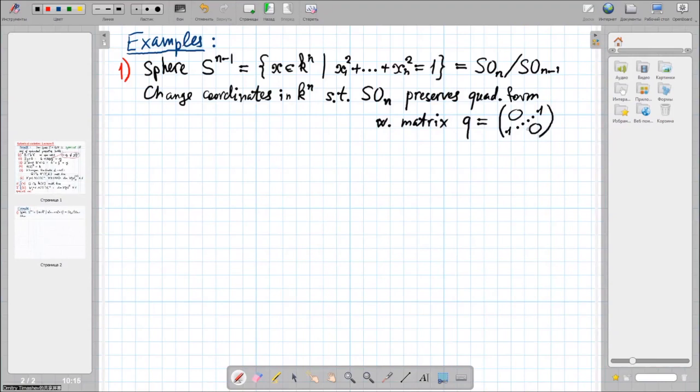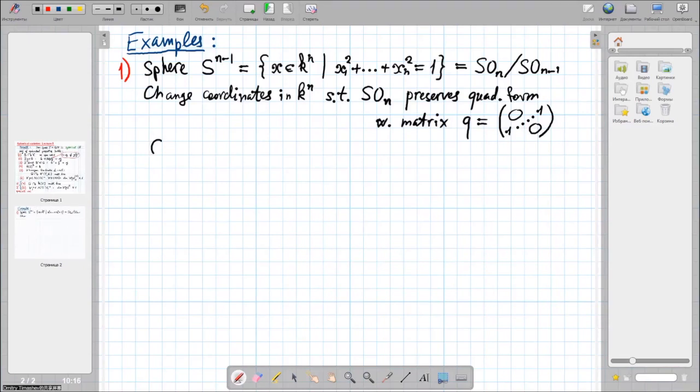It is again a symmetric matrix of full rank, and since all non-degenerate quadratic forms are equivalent over an algebraically closed field, we can change coordinates in such a way that the quadratic form preserved by my group will have the following matrix. Then the group SO_n is given by the equations.